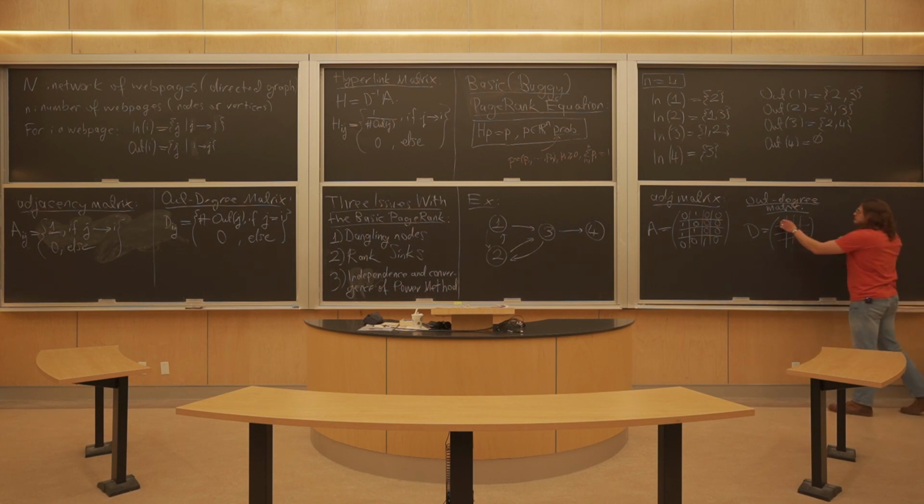So that's 2. The number of web pages in out of 2 is 2 again. Then again it's 2, then it is 0. Okay, so the next step is to compute the hyperlink matrix.